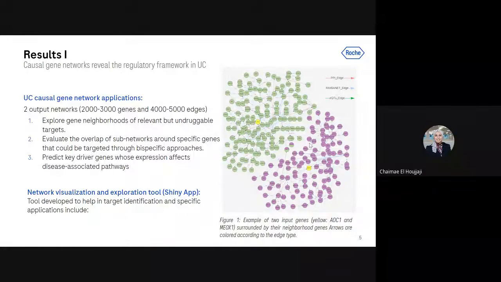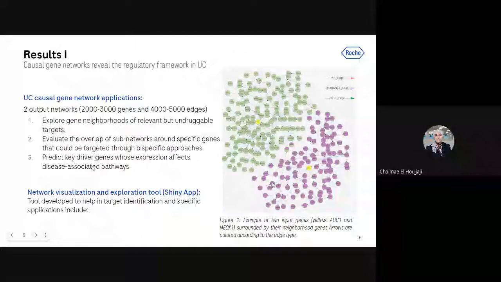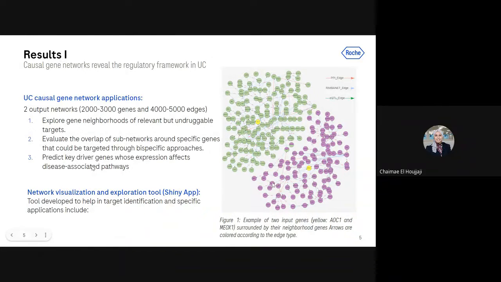We can see their neighborhoods, and we can also see the overlap of their neighborhoods, which are the B-colored genes that we can see in the middle of the figure. And finally, a third application could be predicting key driver genes whose expression affects disease-associated pathways, which we will develop in the next slide. The network visualization and exploration tool was also developed in the Chaimae app in order to help in target identification and the specific applications that we gave as examples before.